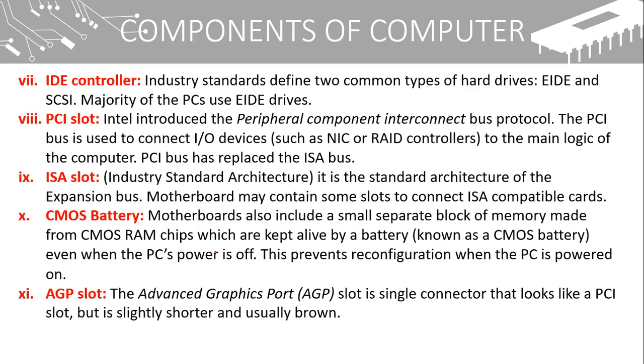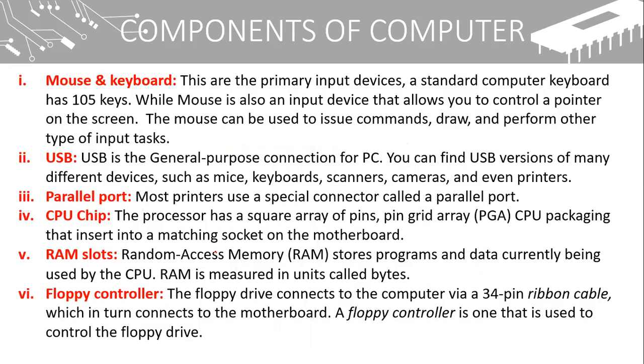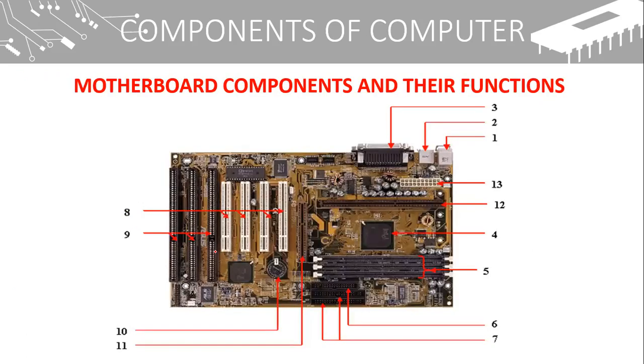These are controllers connected to the computer to increase functionality for a specific purpose. So the PCI bus has replaced the ISA bus. These are things that I think could be more understood if we could have a more physical or audiovisual demonstration.